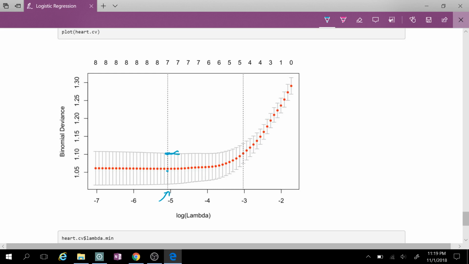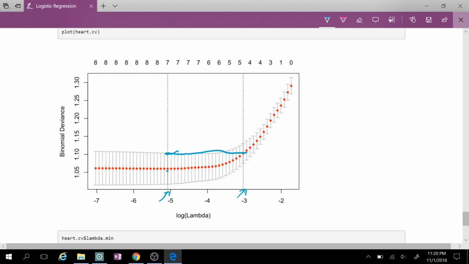Then we go back to find the largest lambda whose corresponding error is within this error bar, because we want to pick the model with the largest regularization but still similar prediction accuracy. So this is basically lambda 1SE.